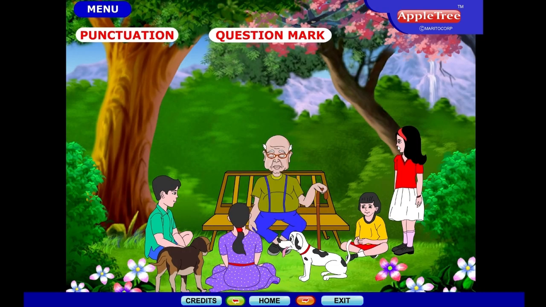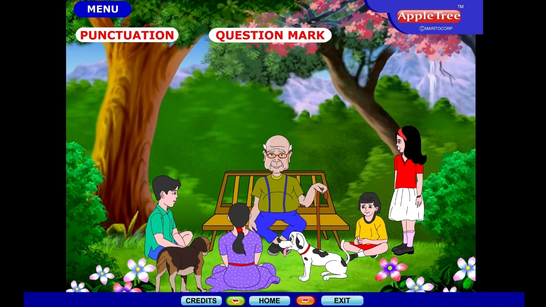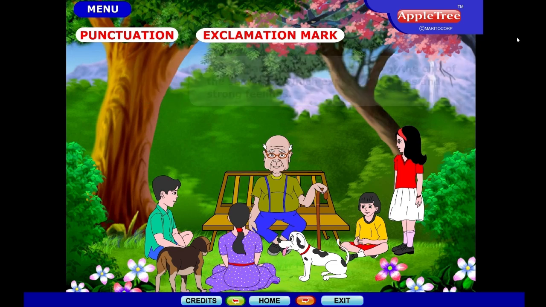Can any one of you tell me when question marks and exclamation marks should be used? The question marks are used at the end of direct questions. Example: Which is the taller of the two? The exclamation marks are used at the end of the sentences which express surprises and strong feelings.